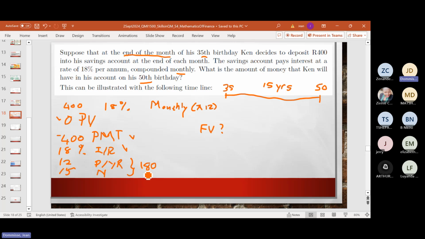We've got 12 times per year. We've got 15 years. Okay, and then we want to work out the future value.